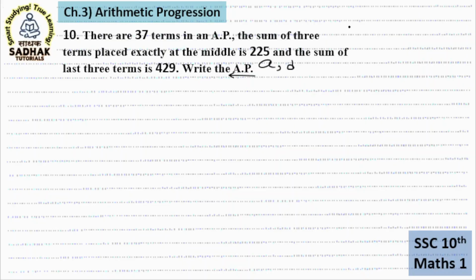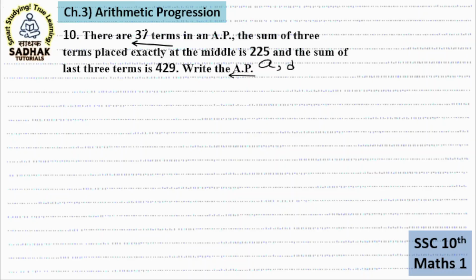Okay. So here, what is the first condition that they are giving? That 3 terms which are exactly at the middle. So total there are 37 terms, right? So which will be the 3 terms exactly at the center? We know that 37 divided by 2 is not divisible.